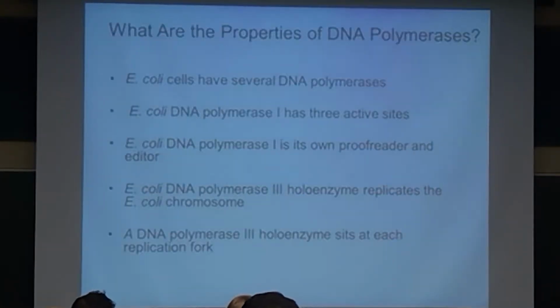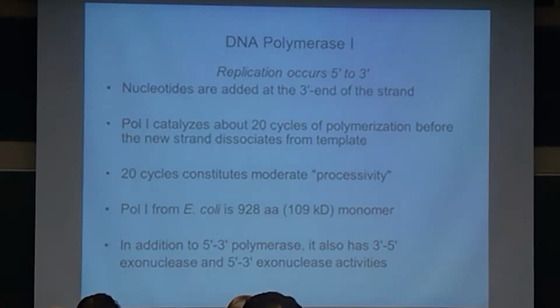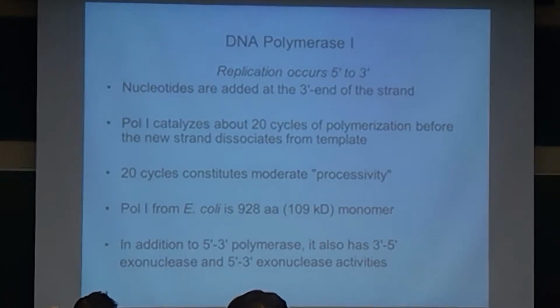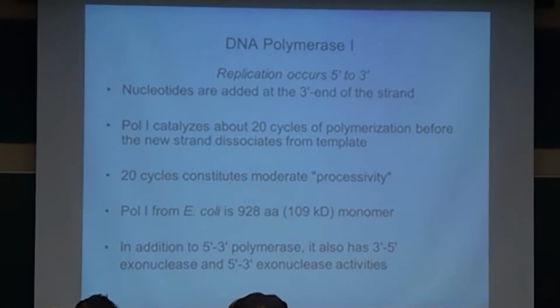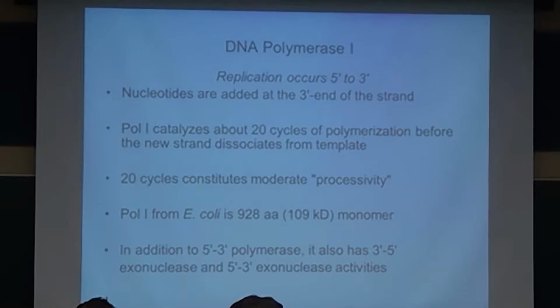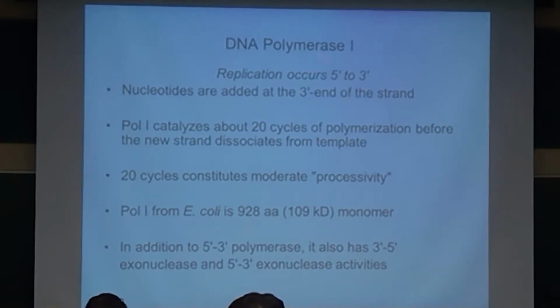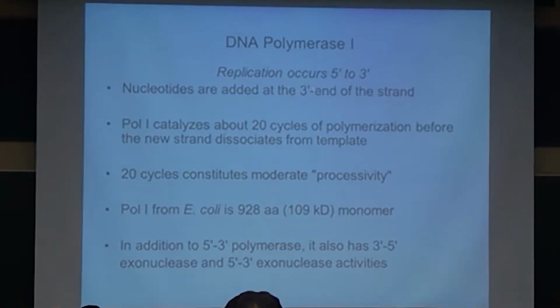So the nucleotides are added at the 3' end of the primer, correct? The 3' hydroxyl group always has to be free so that the incoming nucleotide can form the phosphodiester bond at the 3' end of the primer.